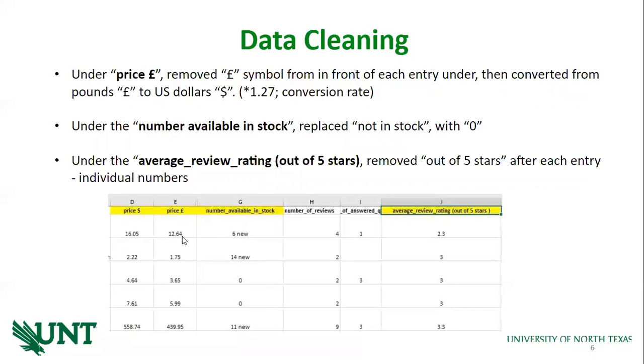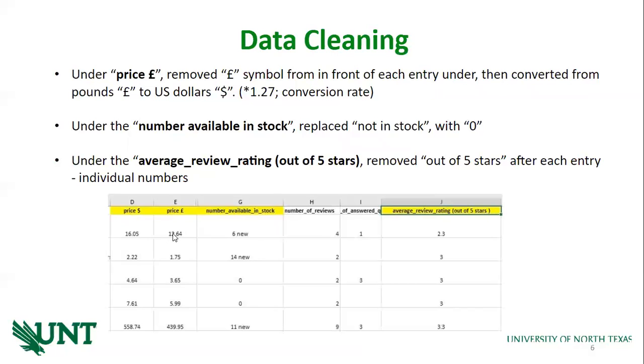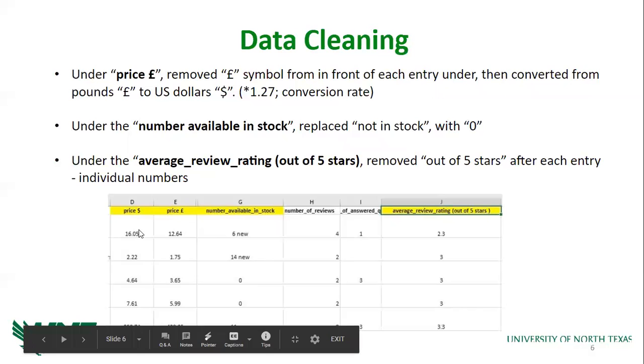Also, I am personally from America. I know that in this scenario I'd be working for Santa and he's international, but I wanted to convert it to US dollars just for curiosity's sake. So I set up a formula where anything in the price or pound category, take it, times it by 127, which is the conversion rate, and then put it in the box next to it.